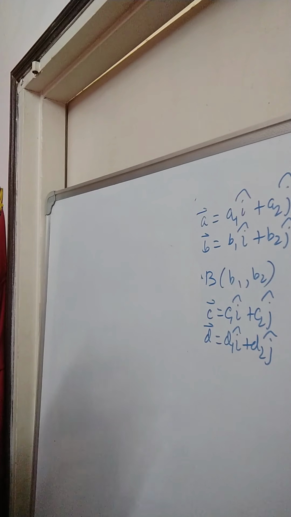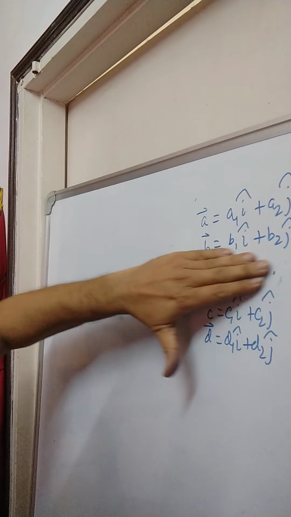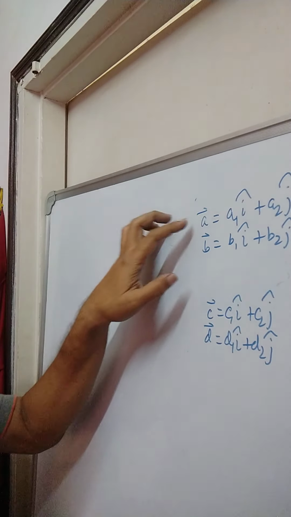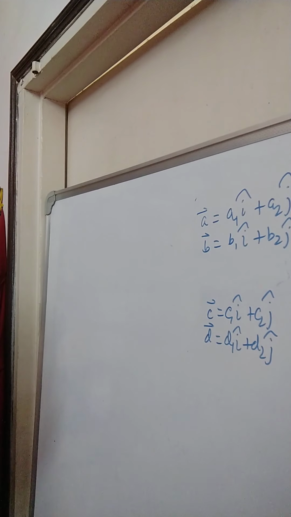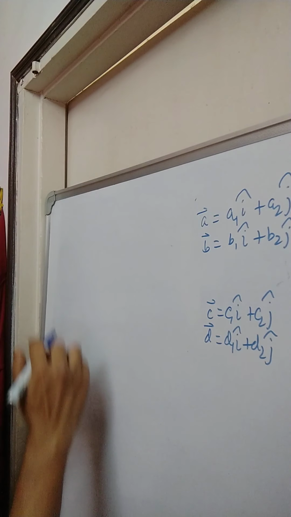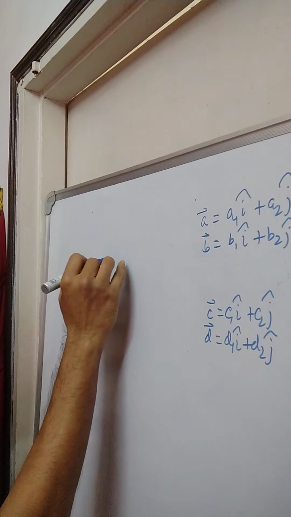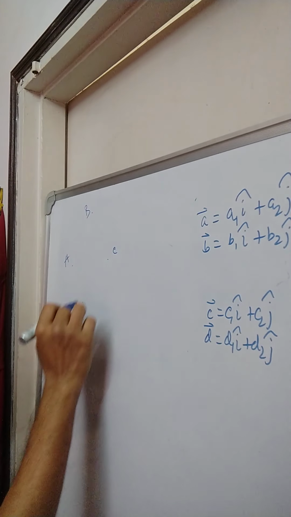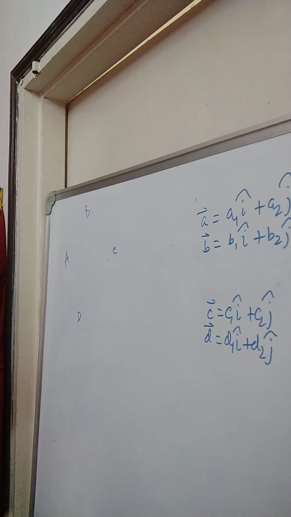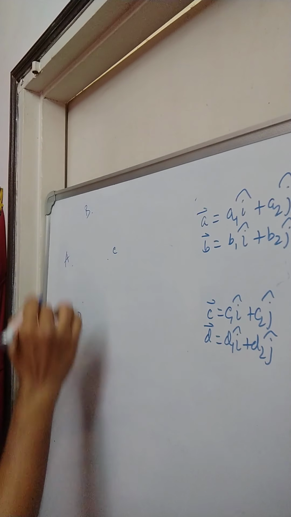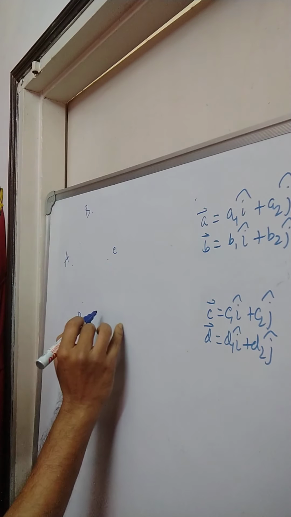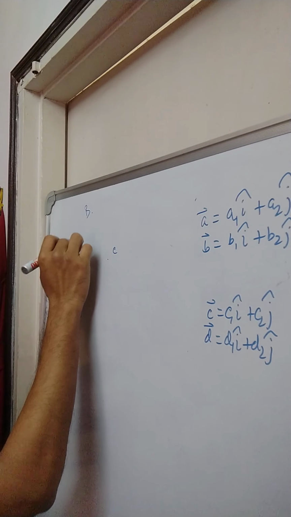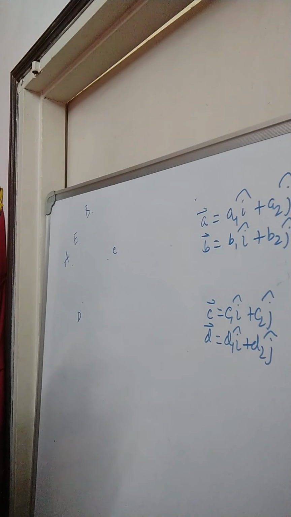So, what we have? We have these 4 vectors pointing out the position vector of A, B, C, D of the quadrilateral. Okay. Now, what will be the position vector of the midpoint of AB? We have written it as E, is not it so?